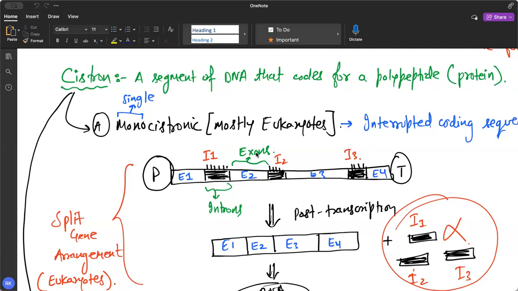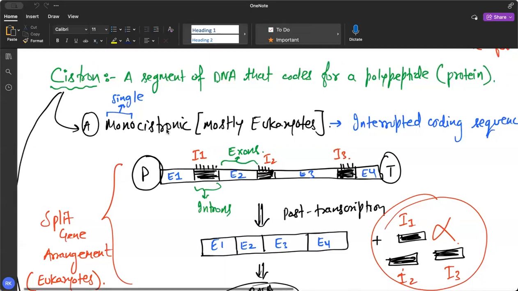Yes or no? And your exons will exist in the actual gene, and you get some benefit. Now, we don't know if this is the reason why it evolved like such, but this is how it gives us benefit. So in humans, or in eukaryotes, it is monocistronic.